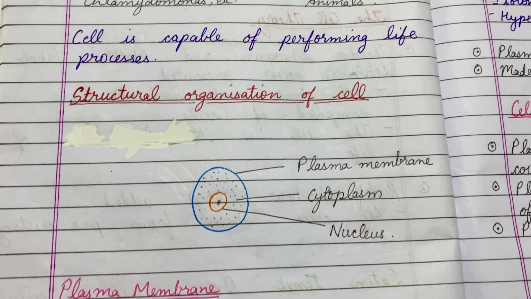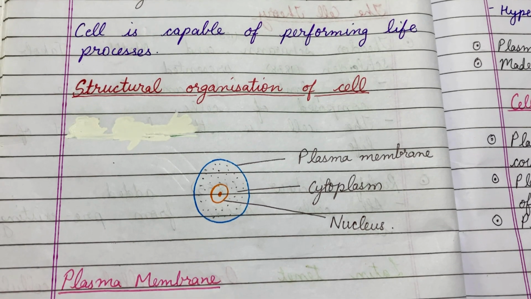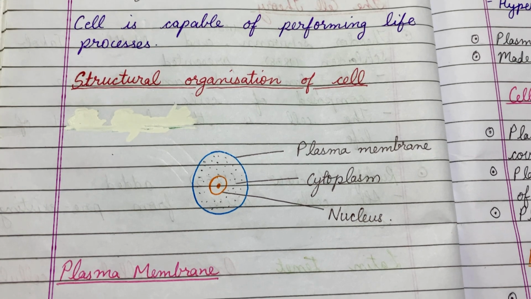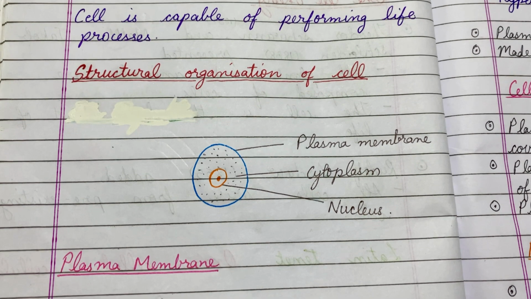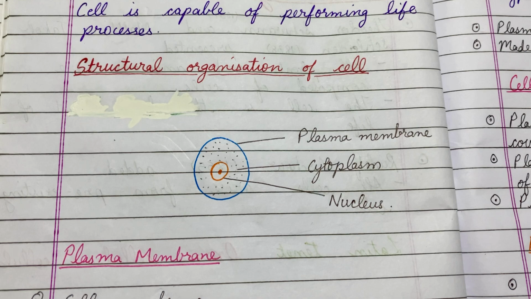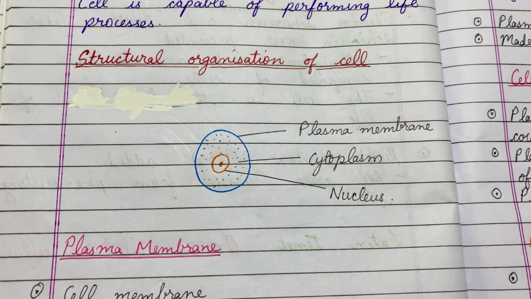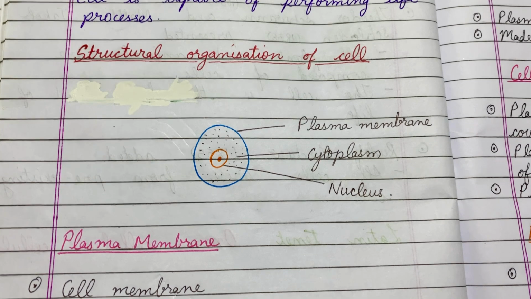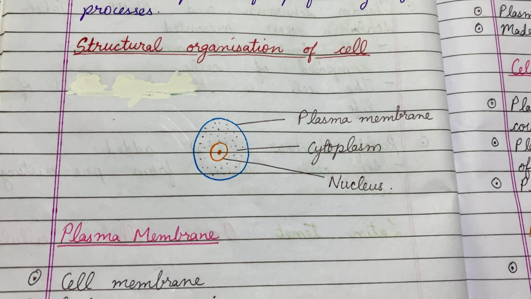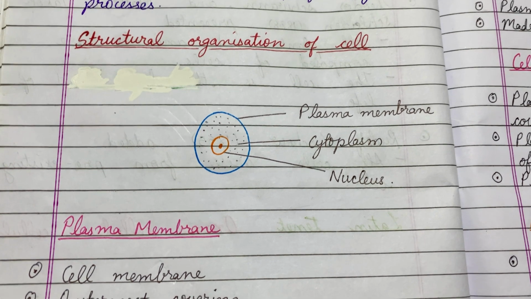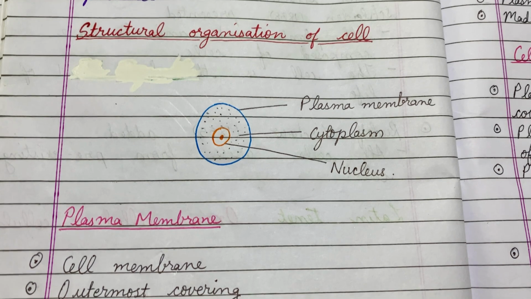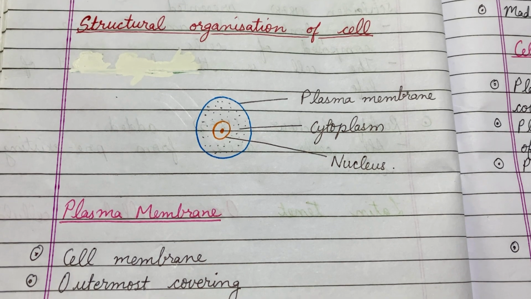Structural organization of the cell. To know the anatomy of any cell, we need to study how the components of the cell are organized. All the living cells are composed of plasma membrane, cytoplasm, and nucleus. In the given figure, we can see the outermost part is the plasma membrane, which is denoted by blue color.